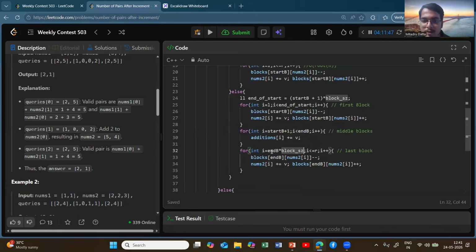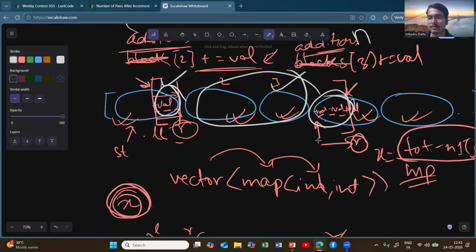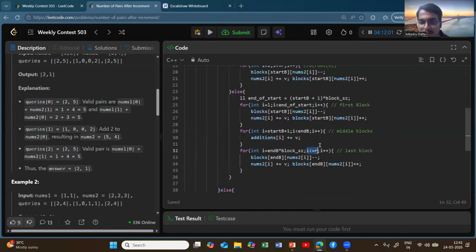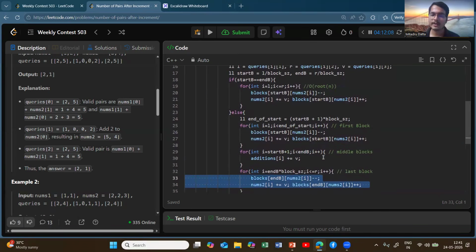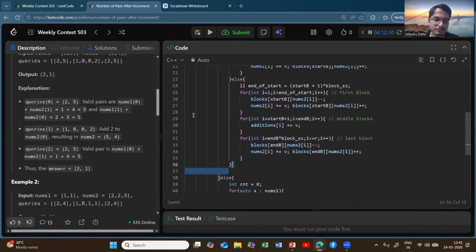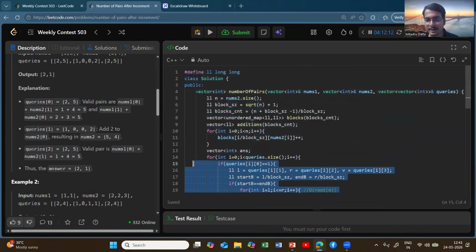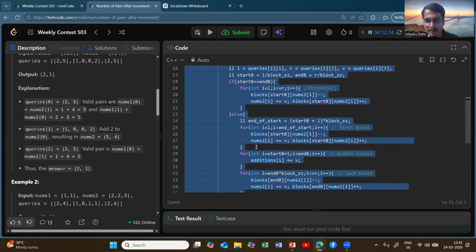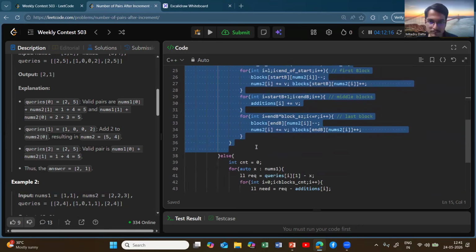Just do end block into block size, start with this end block start, and till r you will go, inclusive range of r, so less than or equal to r, and you do the same thing over here. In this way, you have done the range update in a very optimized way in O of root n only.